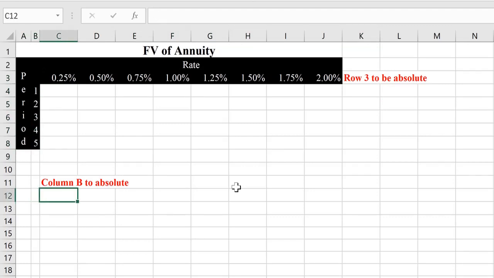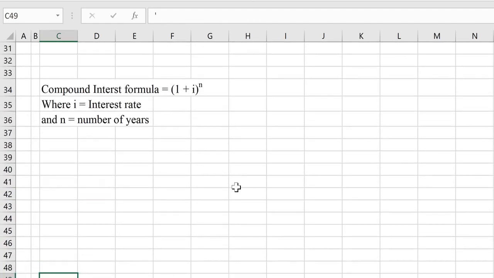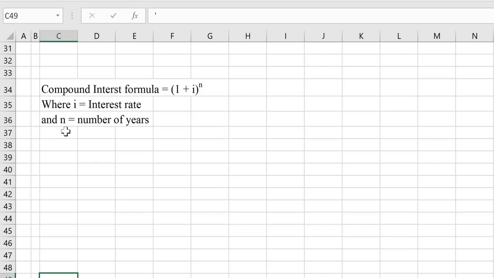In order to find the compound interest, we have to apply this formula: the future value is 1 plus i raised to the power n. Here i is the rate of interest and n represents the number of years for which we are going to find the future value on the basis of compound interest.